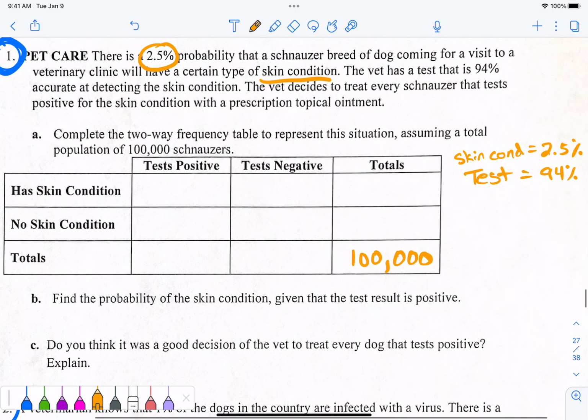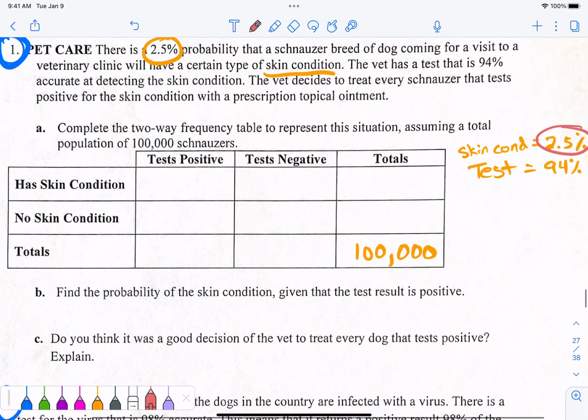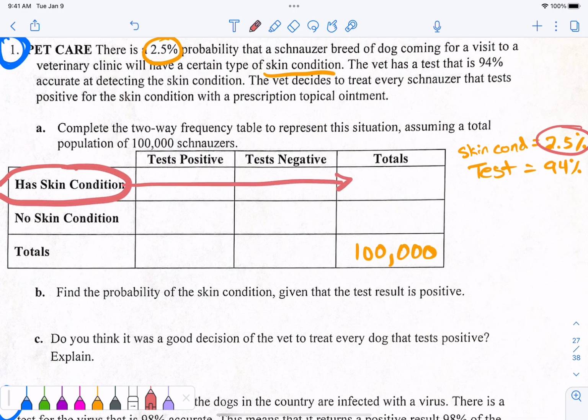Okay, so we're going to take into consideration this 2.5% of all dogs have the skin condition, okay? All dogs having the skin condition, regardless of how they test, 2.5% goes there, right? So if we have 100,000 dogs total, 2.5% is how many dogs that have the skin condition? 2,500.